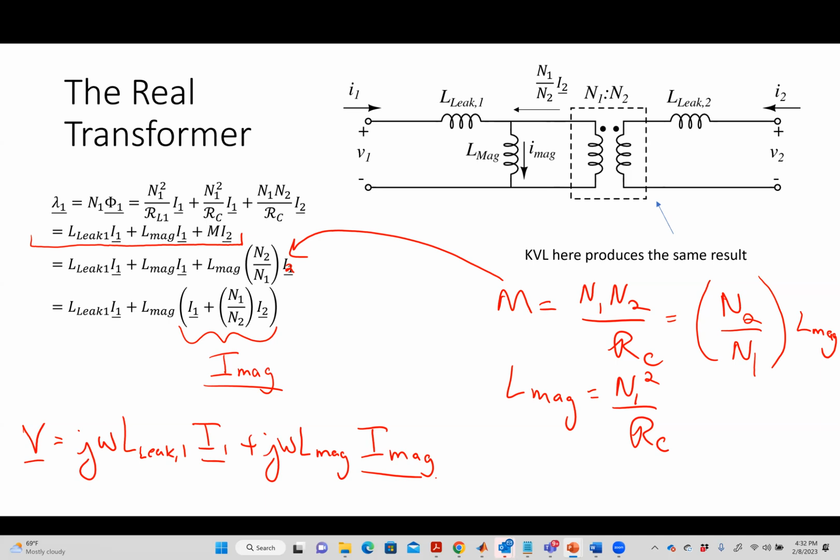That yields a circuit that consists of those three things in series. Okay. Right? So how would I verify that right there? This right here is something I got from just looking at what was above it, right? How could I prove that that matches that circuit? KVL, right? If I did KVL around that circuit, I'd have V1 equals J omega times L leak 1 times I1 plus J omega L mag times whatever I mag is.